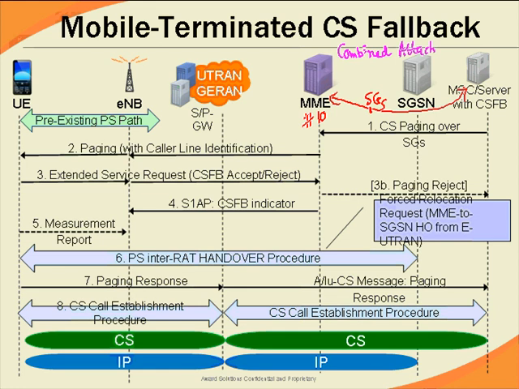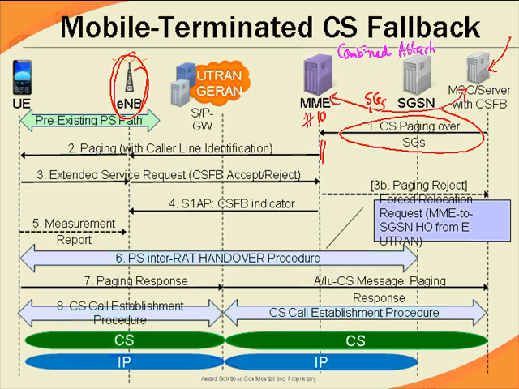So when someone tries to contact us, the MSC would send a page message to the MME, and the MME would ask the eNode B in a given tracking area to send a page message.